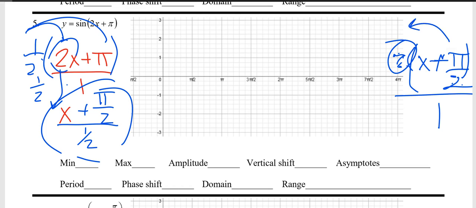They want you to be able to pull the 2 out and then realize that I can get rid of that, and instead of multiplying by 2, I'm dividing by 1/2. But most of you don't see that little trick.